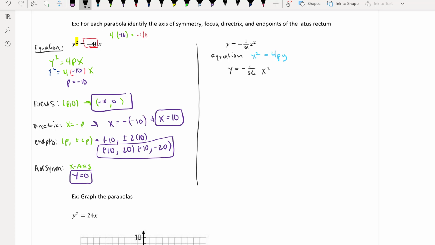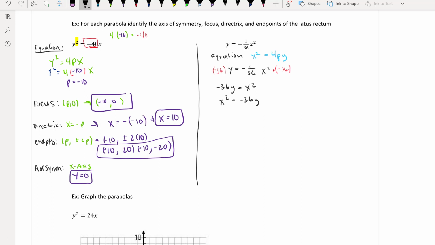I really want that x squared by itself. So what I'm going to do is multiply by the reciprocal. So that would be negative 36. So I'm going to rewrite this as negative 36y is equal to an x squared. So really, I can flip this around to be x squared is equal to a negative 36y.